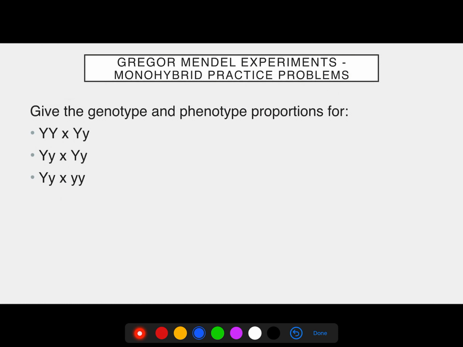All right. So let's practice this. I want you to practice this on your own, really. I'm going to give you several different crosses. You've got this first cross, second, and third cross here, and I want you to practice doing a Punnett square for these particular parental crosses.